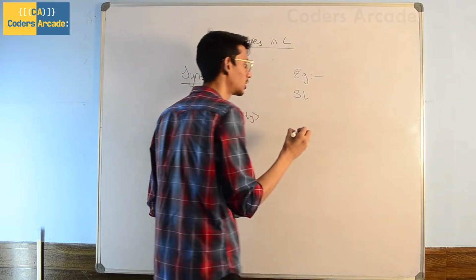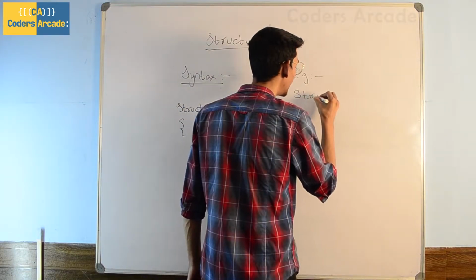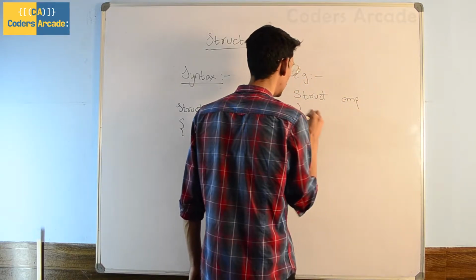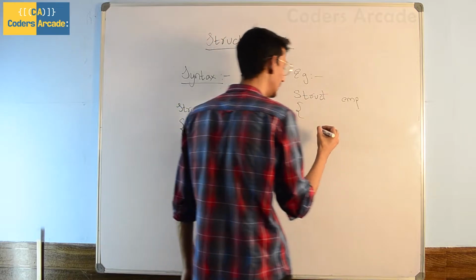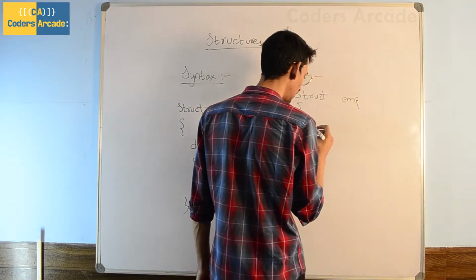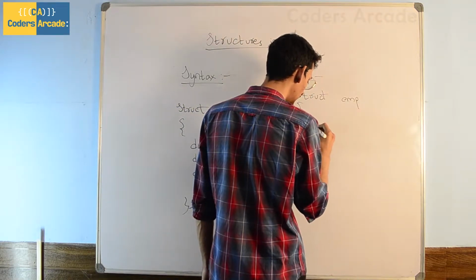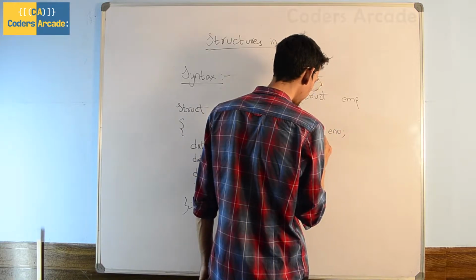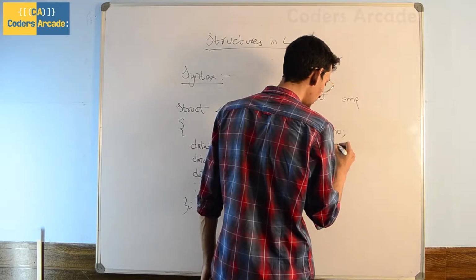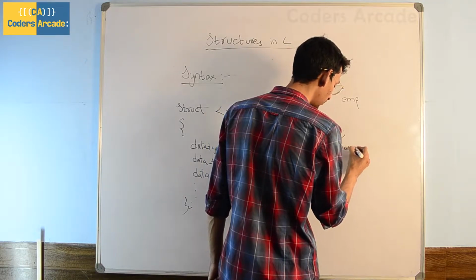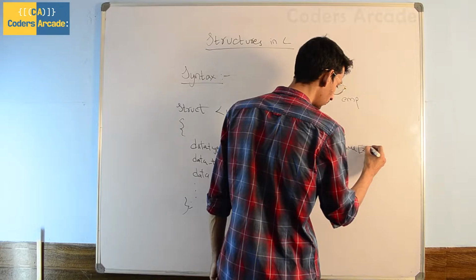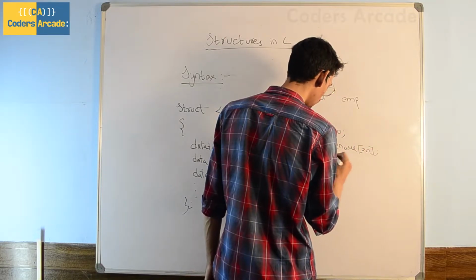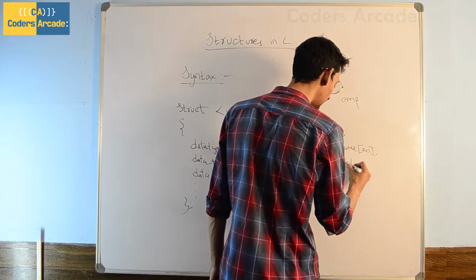We're going to create a structure of an employee. So we're going to create struct employee, and in our structure we are going to give employee number, which is int enumber, char ename, and float esalary.